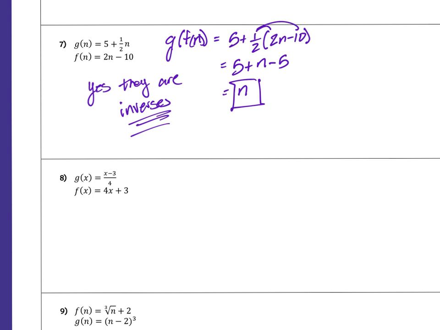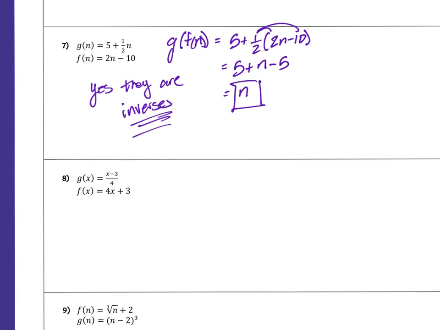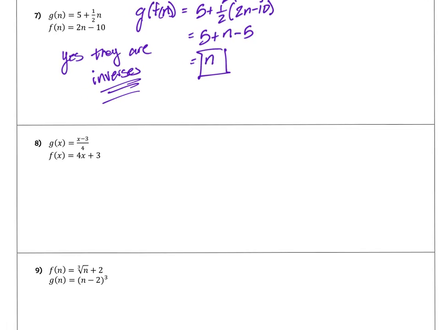So I'm going to do G of F of X and F of G of X because half of you might have chosen to do it one way and half of you the other way. So I'm going to do it both ways so you guys can see it done whichever way you chose. Is that okay?